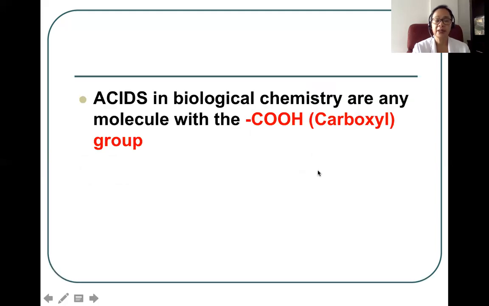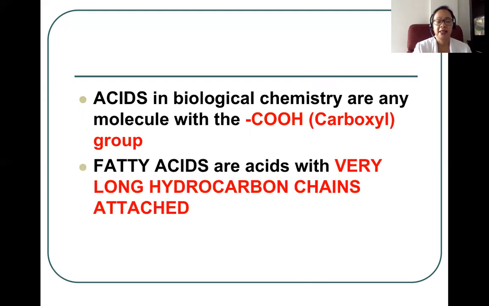So if you are talking about acids in biological chemistry, if you see structures having a carboxyl group in its end, then you are dealing with an acid. And a fatty acid are acids with very long hydrocarbon chains attached to it.